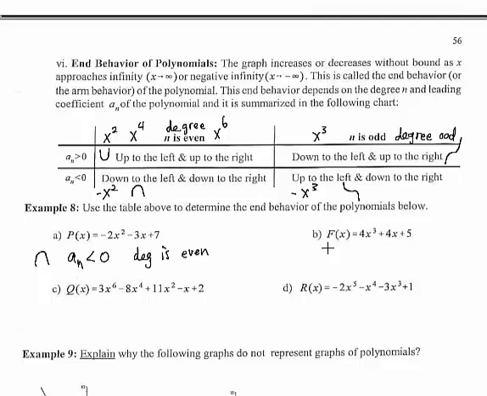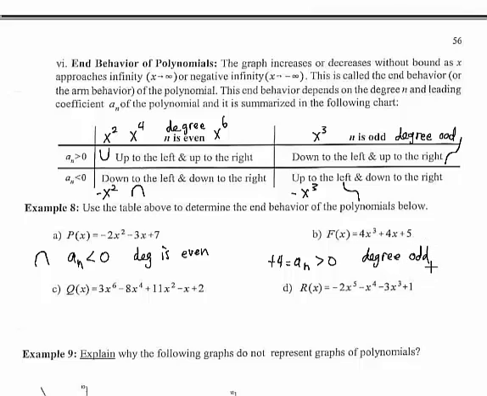Here we have capital F function. The leading coefficient is positive. It's a +4. So it's greater than 0, it's positive. Then we have a degree that is even, or I'm sorry, not even, but odd. So the end behaviors are going to be different. One's going to go up, the other one's going to go down.